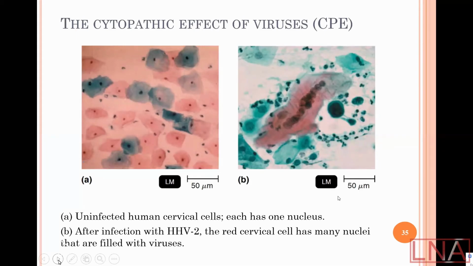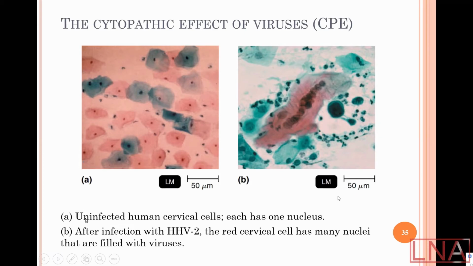To understand whether a virus grows inside the cell or not, we can use the cytopathic effect of viruses. The cytopathic effect is the specific changes which happen after viral cultivation in the cell. Look at the picture.